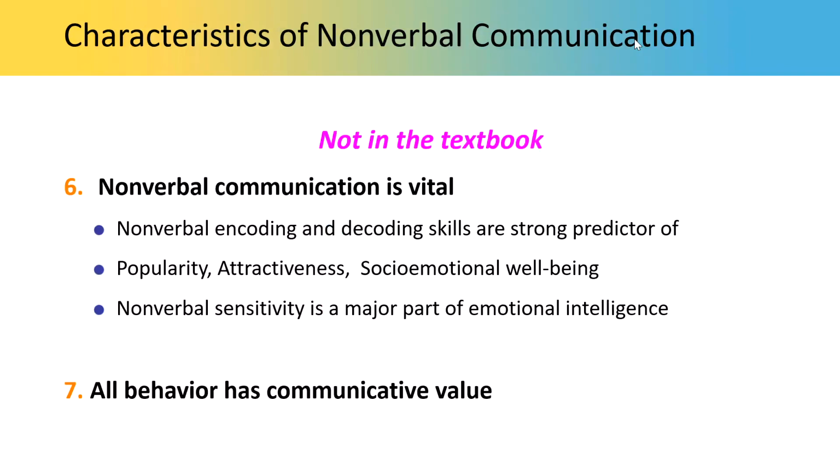These last two are not in the textbook. They're in a previous edition, and I think they are important, so I included them. So nonverbal communication is vital. If a person is not good at encoding or decoding nonverbals, they are perceived to be less popular, less attractive, and they tend not to fit in socially.